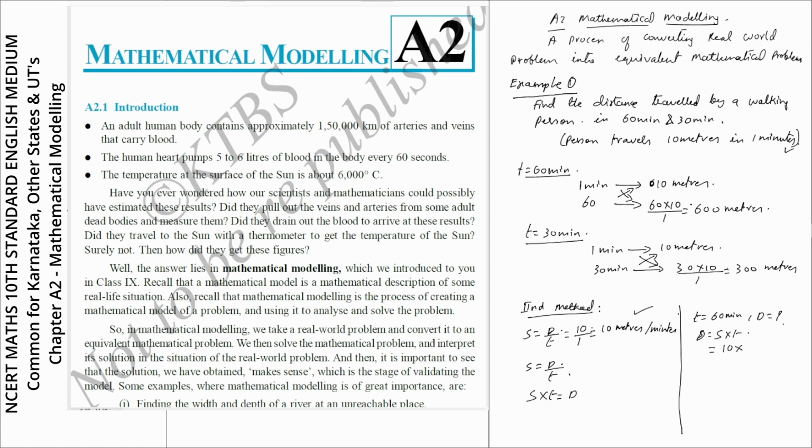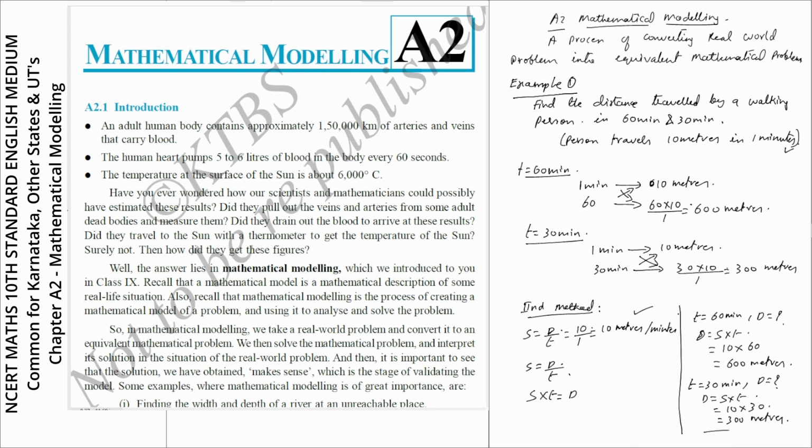So 10 into 60 is 600 meters. Similarly, for time equal to 30 minutes, I should find the distance traveled by the person. So d is given by s into t. So s is 10, t is 30, so this is 300 meters.